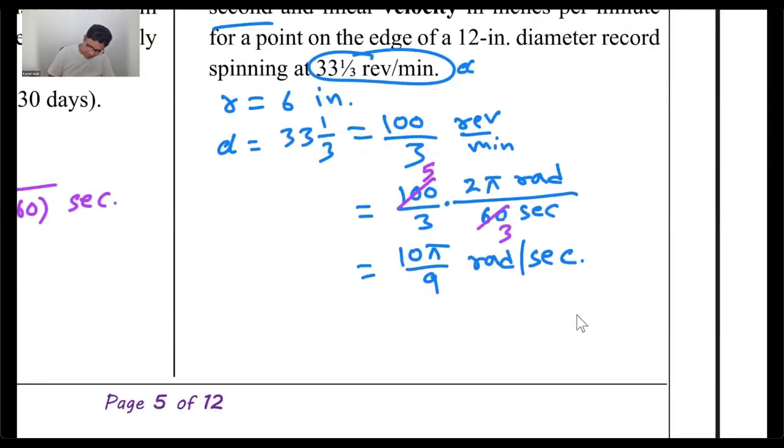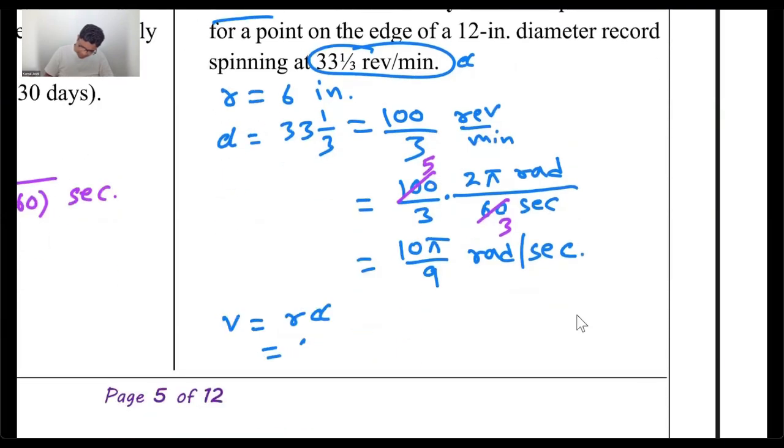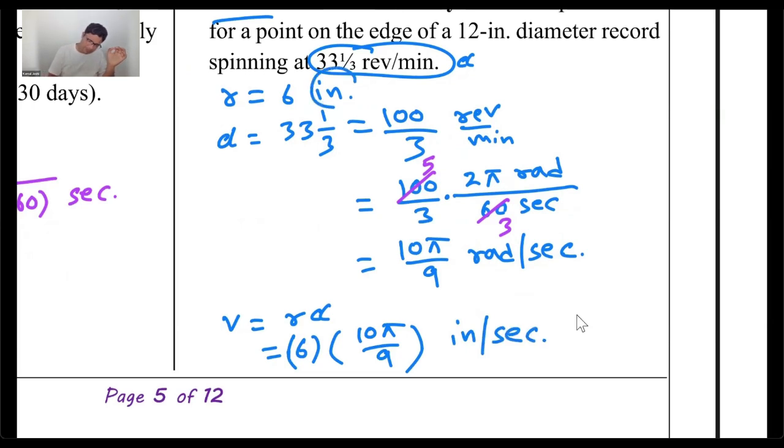V is r alpha, the way we have been writing. In this case, it will be 6 times 10 pi over 9, inches per second. That's where it is coming from.